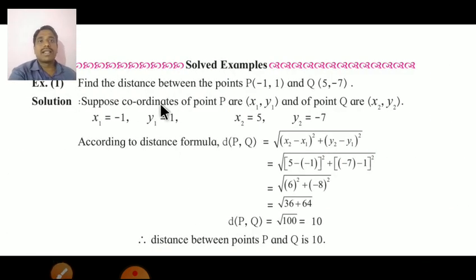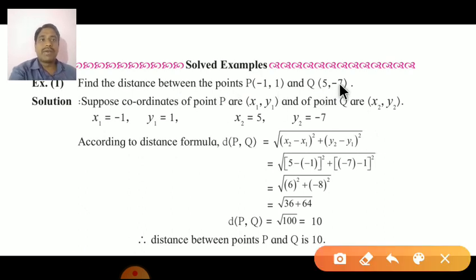Suppose the same example again. Find the distance between the points P(minus 1, 1) and Q(5, minus 7). We first suppose the coordinates of point P are x1, y1 and the coordinates of Q are x2, y2. That means x1 is equal to minus 1 and y1 is equal to 1.